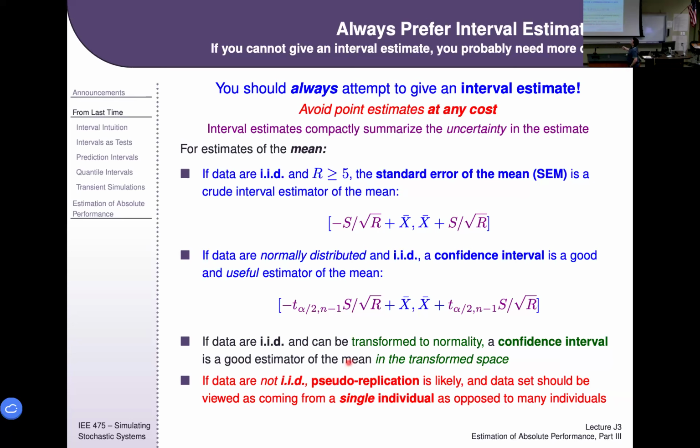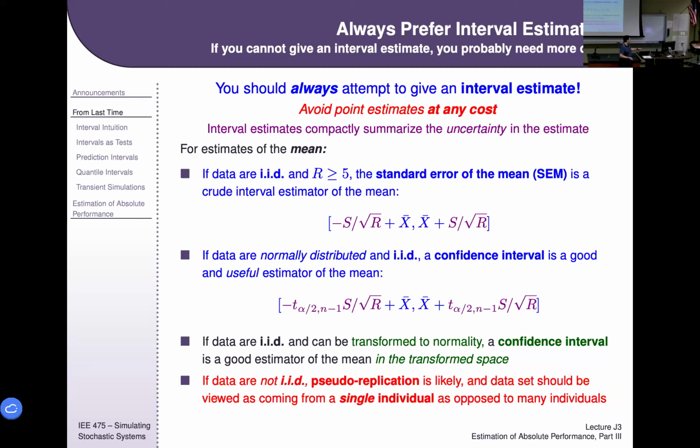So if all you know is that you ran 5 replications or more, and that your data are IID, that means independent and identically distributed. If your data come from the same sim, they're probably identically distributed.